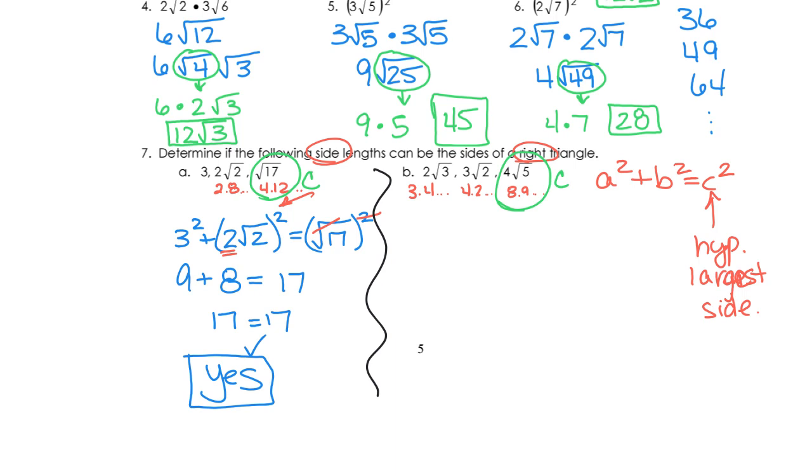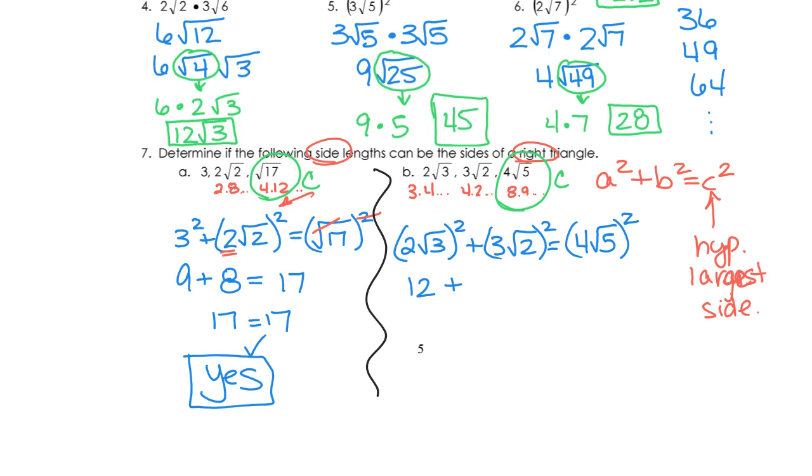So when we go and plug into the Pythagorean theorem, we can put 2 square root of 3 in for A, squaring the whole thing, so make sure you use parentheses. 3 square root of 2 can go in for B, and 4 square root of 5 has to go in for C because it's the largest. Okay? In your calculator, you can go back up and scroll and grab those decimals and square them. Okay? This first one ends up being 12.